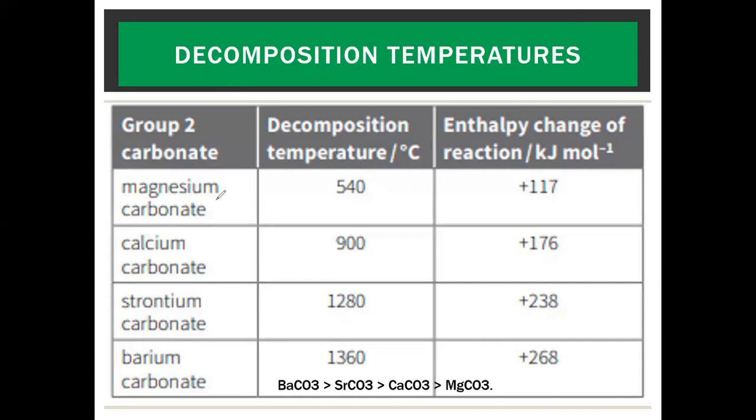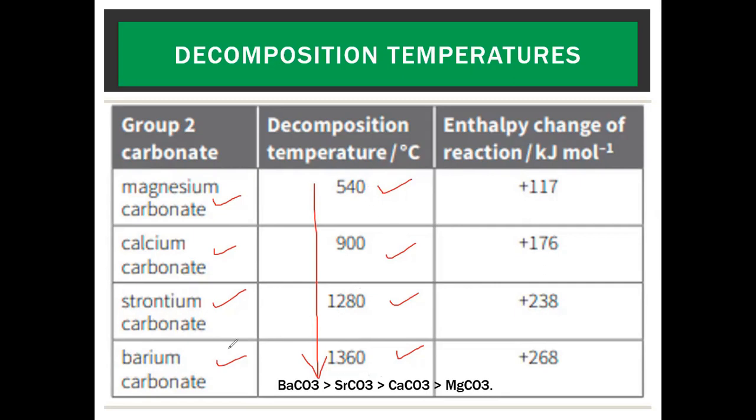You are provided with the list of group 2 carbonates, that is magnesium carbonate, calcium carbonate, strontium carbonate, barium carbonate, with their decomposition temperatures. You can see that as we are moving down the group, the thermal stability of these carbonates is increasing, right?